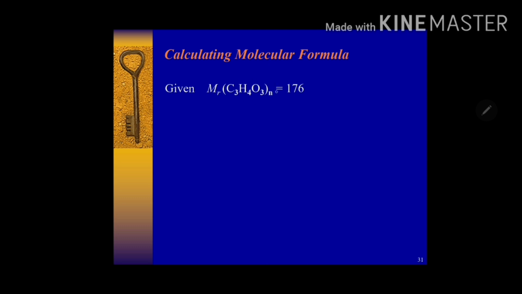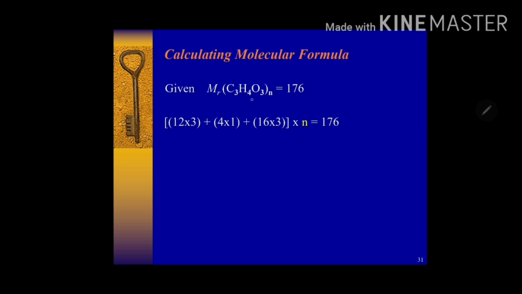So the value is equal to 176, the molar mass. So next, you just calculate the atomic mass for carbon, for hydrogen, for oxygen.